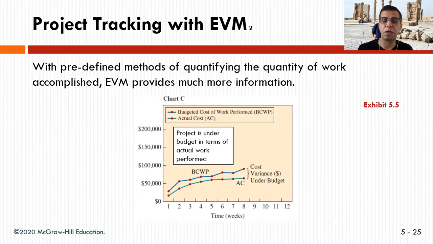And here it's very clear that the project is under budget in terms of actual work performance. So the project is under budget. They are not giving enough budget to the project for the work.